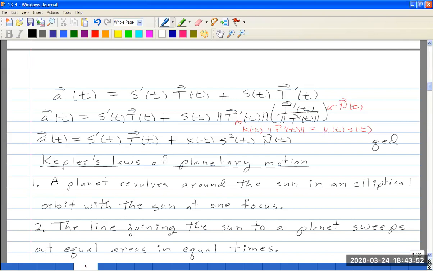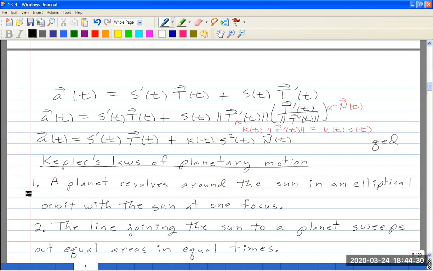So there's an orbit, and the planet somehow keeps revolving around the sun in a periodic way.